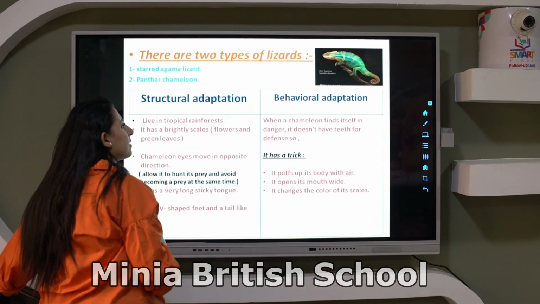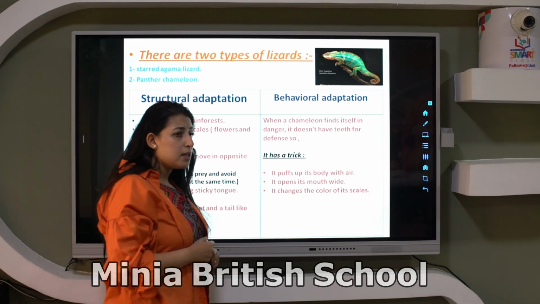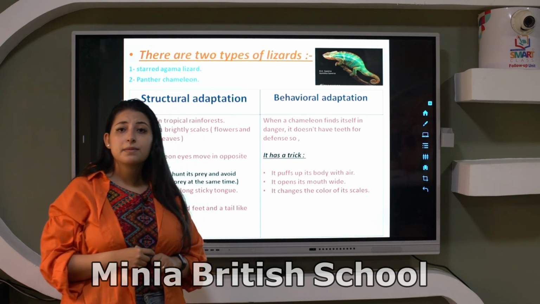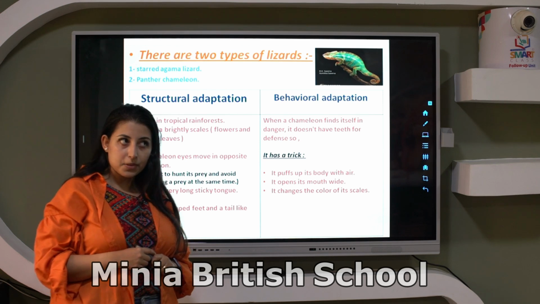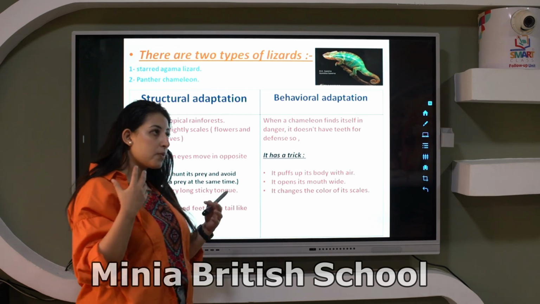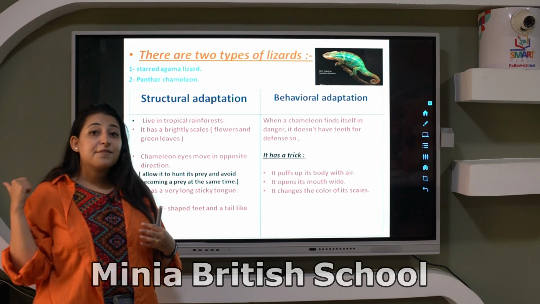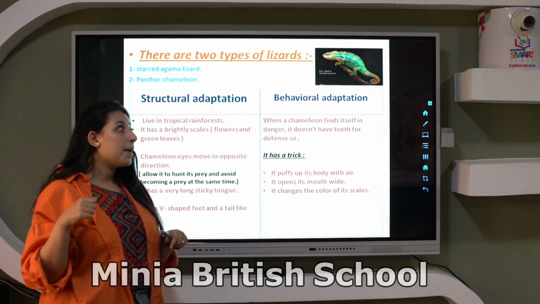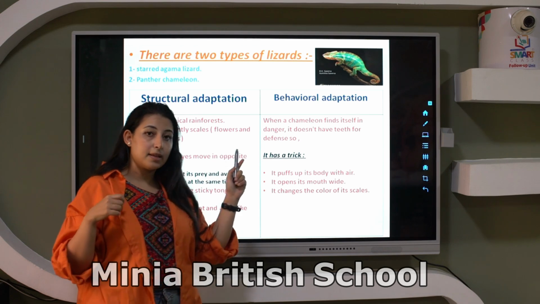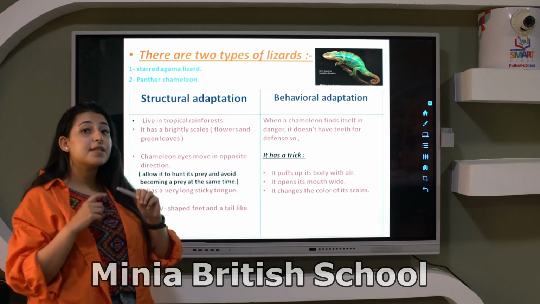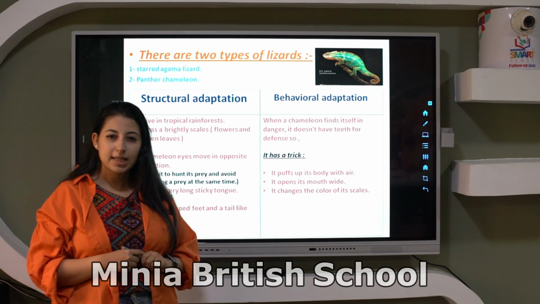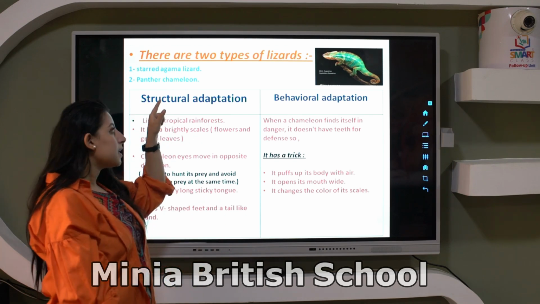What about the panther chameleon? The panther chameleon is from the kingdom of lizards. Lizards, so we can remember with each other now. The Uromastyx lizard lives in the desert, but here the chameleon is a type of lizard. It lives in the tropical rainforest.